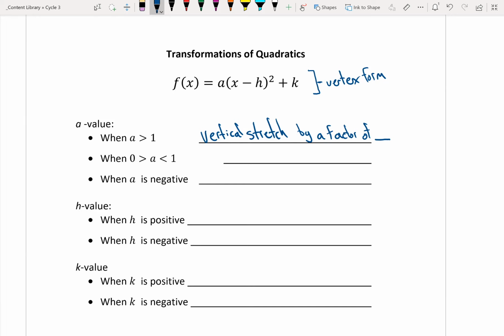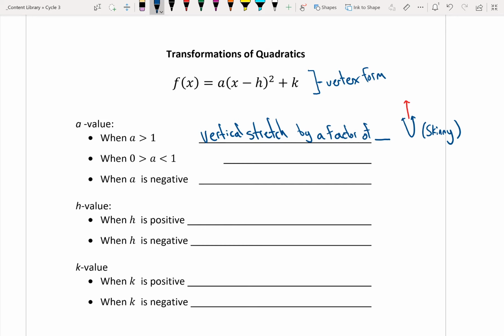Basically this means when we're vertically stretching something, we have a parabola like this. We stretch it vertically, so we pull it up, which makes our parabola really skinny. You could also put in brackets, skinny.